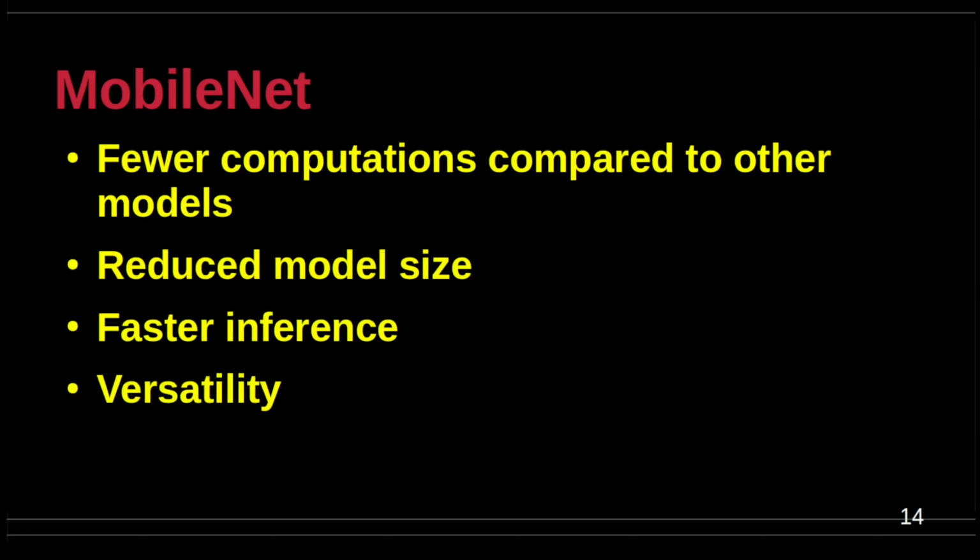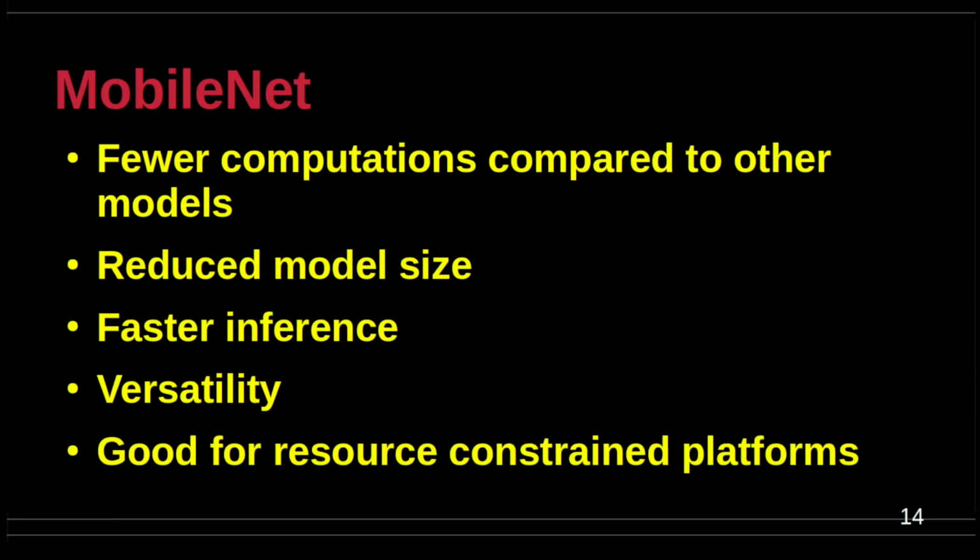Due to their reduced computational complexity, MobileNets perform inference much faster, enabling real-time applications. Despite their compact size, MobileNets achieve surprisingly good accuracy, often comparable to larger models, especially when considering their efficiency.